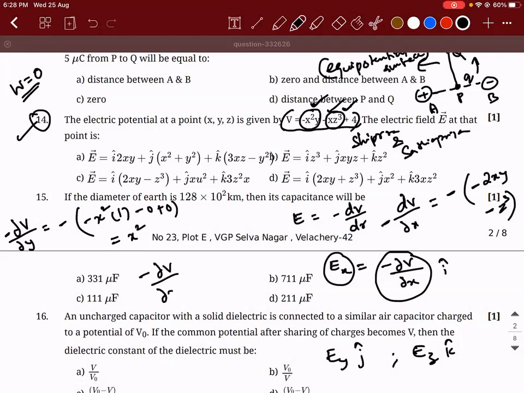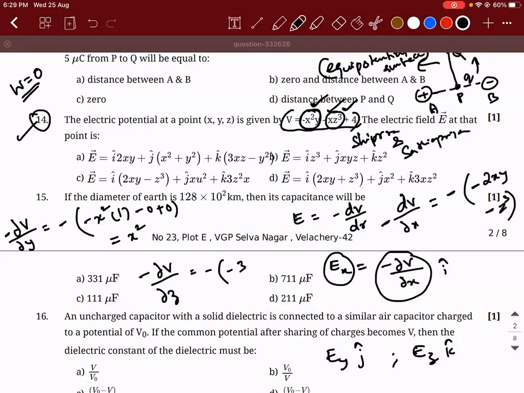Satyapriya, tell me what is minus dou V by dou z? Minus is there in the formula. So in x square y, is there any z term? Sir, is it 3x square, sir?